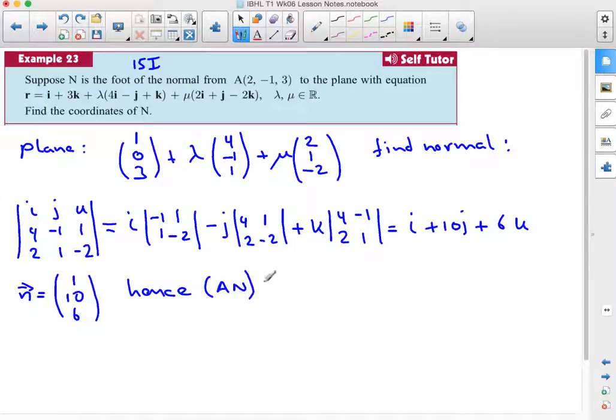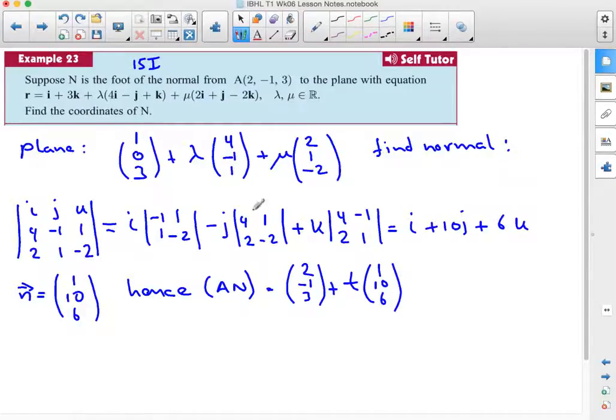So that is a line through point A and through the point N, and point N is on the plane. That line is 2, negative 1, 3 plus some kind of t times 1, 10, 6.